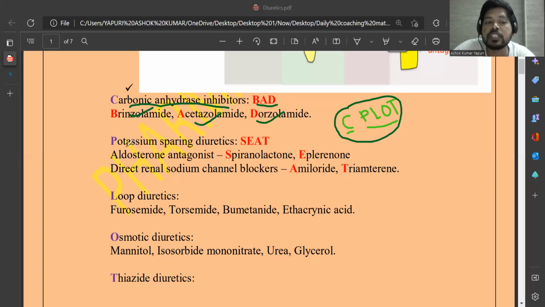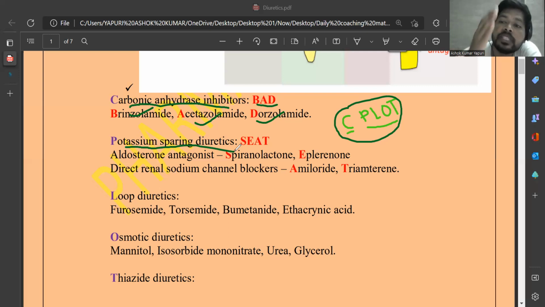And next, potassium sparing diuretics. So what are these potassium sparing diuretics? These are the drugs that eliminate the sodium and retain the potassium in the body. So what is the need to retain potassium? Because there are already loop diuretics and thiazide diuretics. But the drawback of these diuretics is they eliminate the potassium also along with sodium. Elimination of sodium is essential.